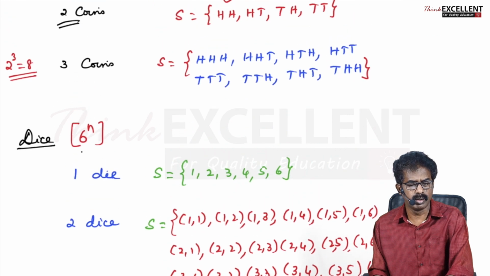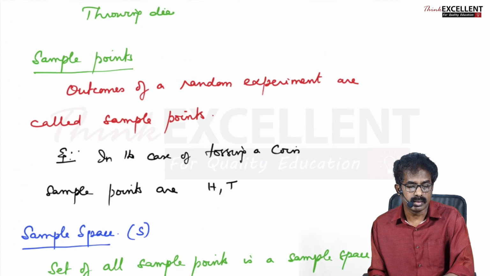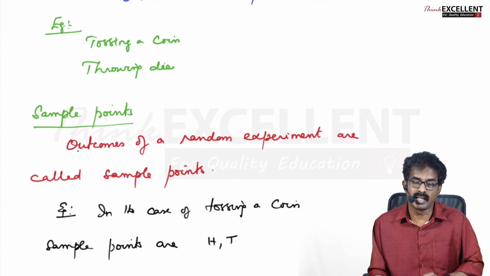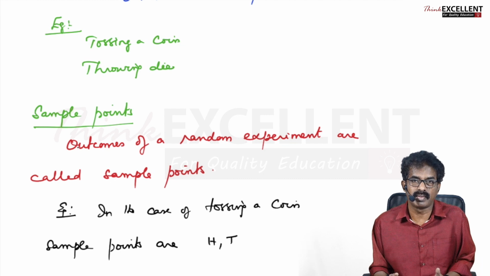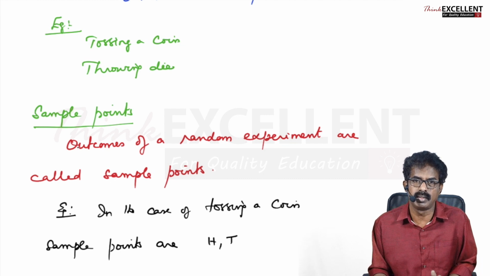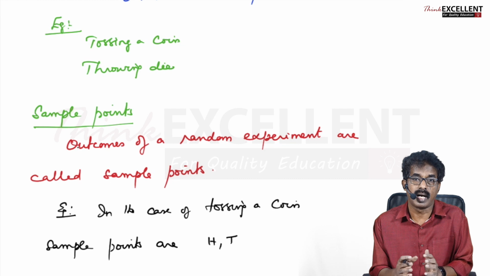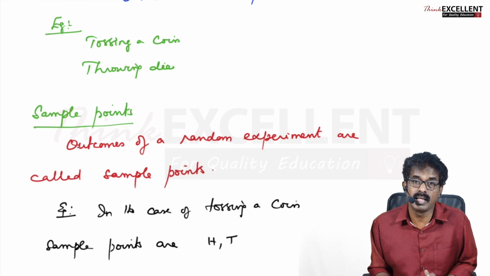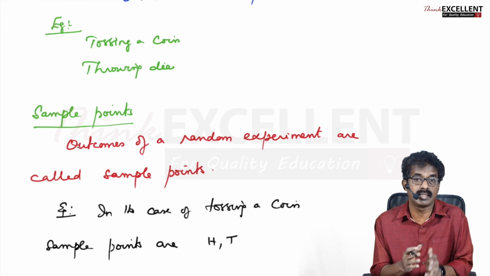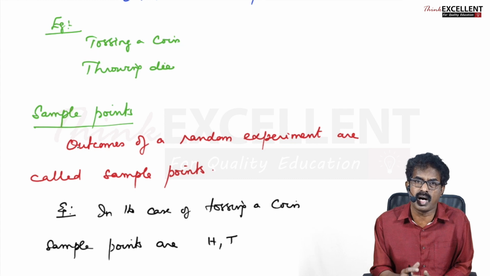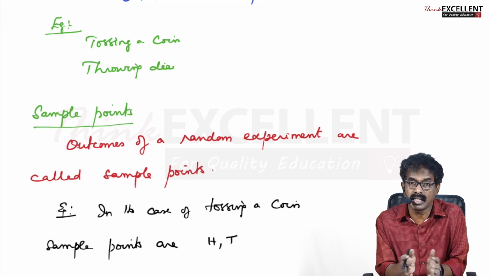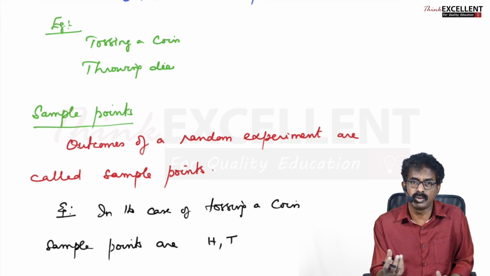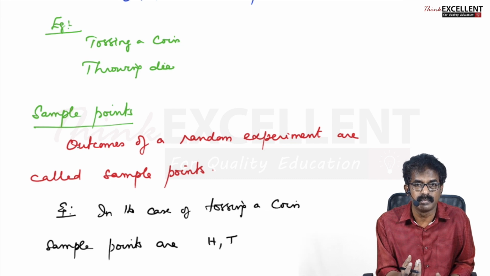Okay, so now we know what random experiments we studied. They can be repeated any number of times, and the outcomes are not predictable. There are some experiments that are equally likely. Equally likely means the chances are equal. Suppose you toss a coin, either head or tail, the chances are equal, no? Suppose you have an unbiased die.